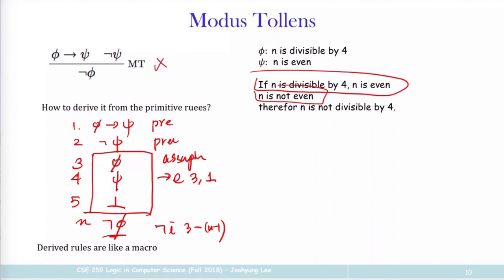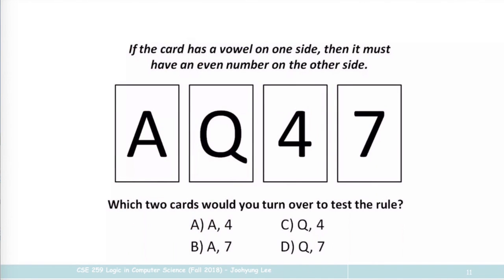So this is negation elimination for lines 2 and 4. Okay, so we are done. We can prove this fact without using modus tollens, but sometimes it's good to remember this pattern because that will help you to solve a problem like this.